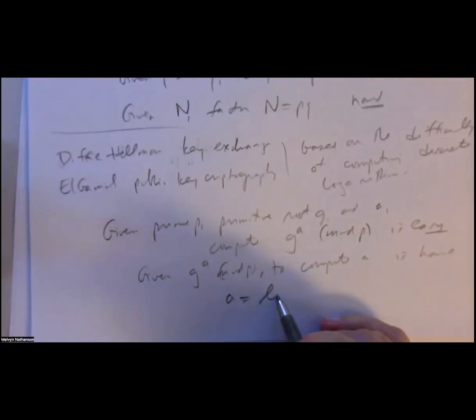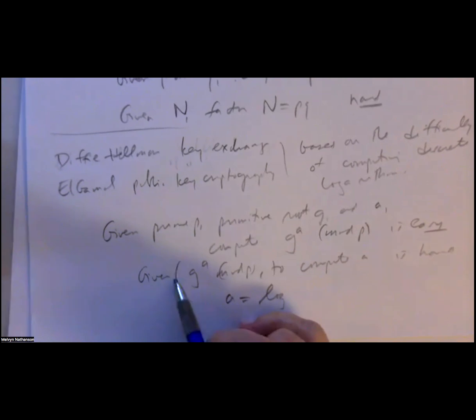A is the logarithm of, if we call this number B, the logarithm of B to the base G mod P. Computing these logarithms is hard. Exponentiating is easy. Finding a logarithm is hard. So there are two different types of problems we've used so far in our cryptography. One is factoring, the other is discrete logs.